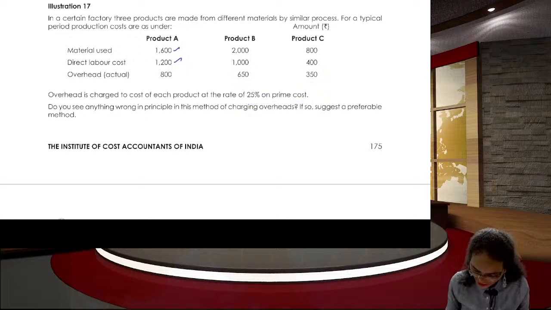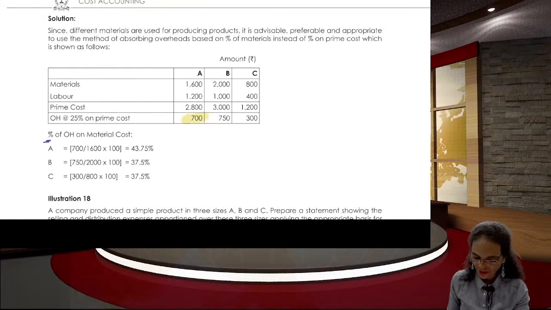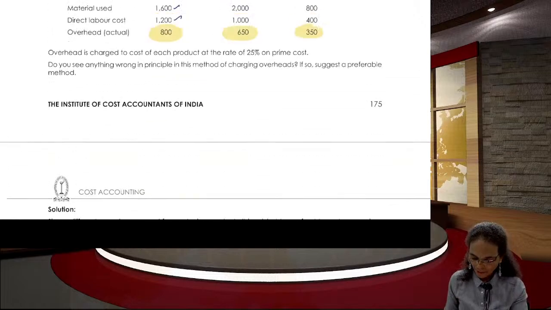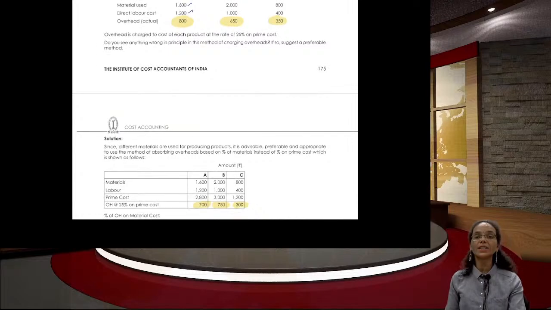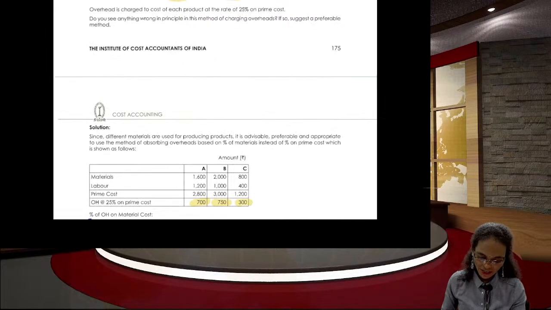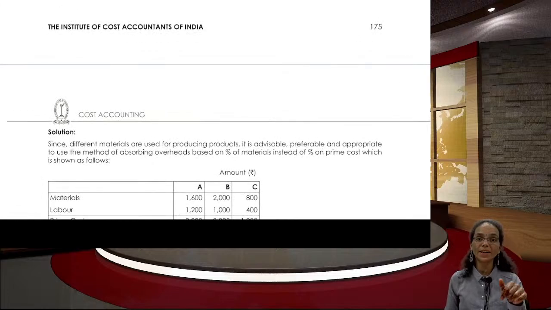Actually they incurred 800, 650 and 350, but they recovered 700, 750 and 300. Some of this is lower than the incurred one. It is under absorption. When it is under absorption, the method followed by the department is the incorrect one. Now as a cost accountant, we need to give the suggestion to the management.